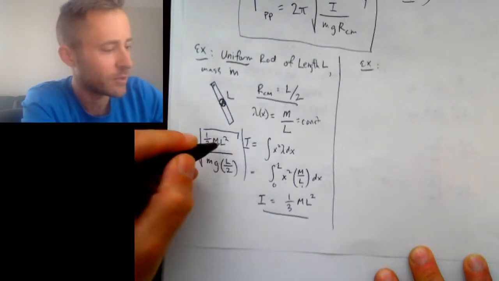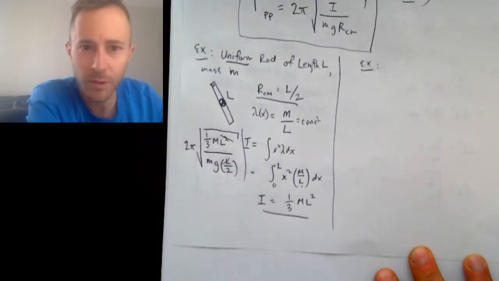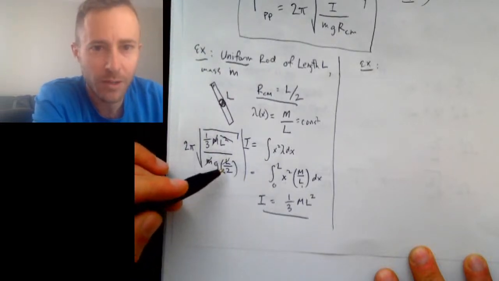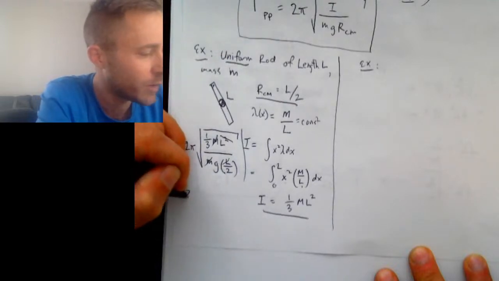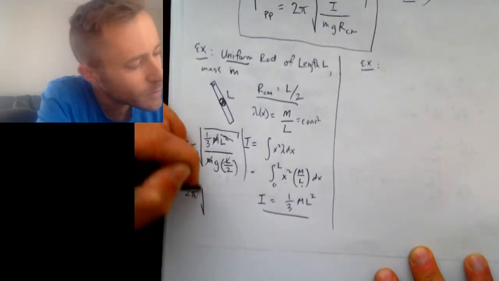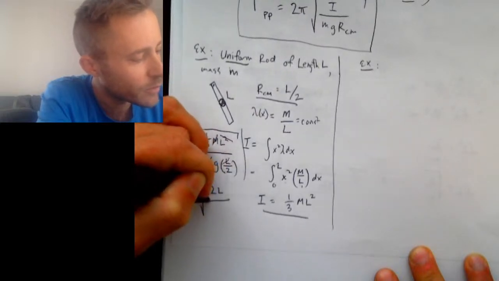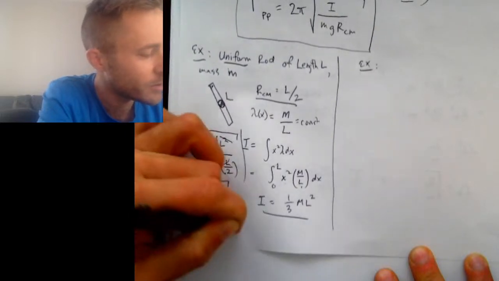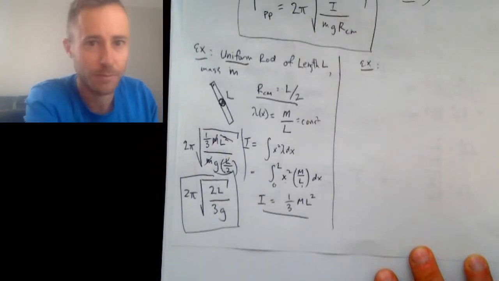And I can see that this factor of L cancels out with one of those factors of L, and then m cancels out. And this 1/2 in the denominator becomes a 2 in the numerator. So I get 2 pi square root of 2L over 3g. So that would be the period of a uniform rod about its end.